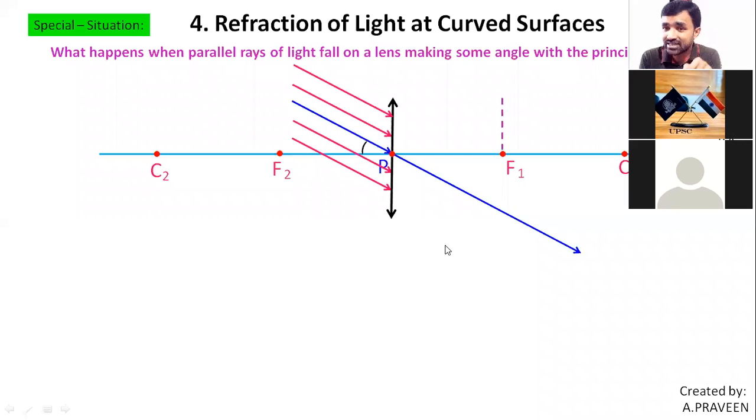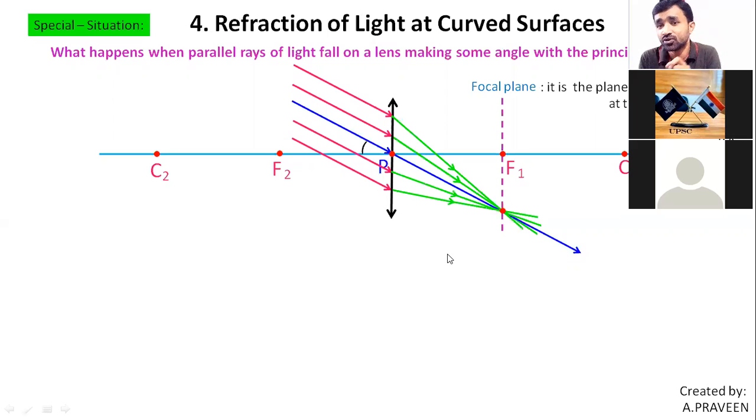To get their behavior, I draw a vertical line passing through the focus to meet that undeviated light ray. So I will get a common point. That line is called the focal plane. The point you are getting is called the imaginary focus. So this is the imaginary focus. The light rays after refraction are going to meet each other at that imaginary focus. Clear?